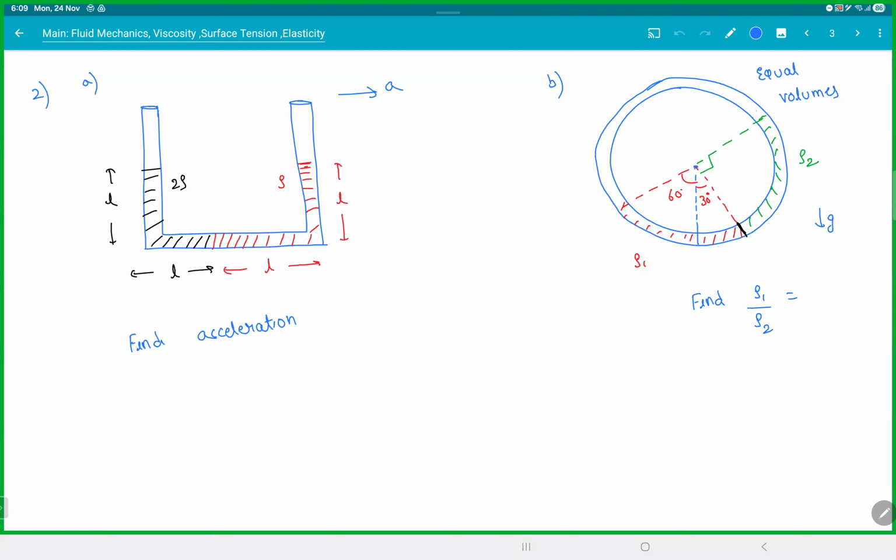Try the first one, and the second one involves little working though. Normally, if you see, the red one should have been higher than the black one if there was no acceleration.